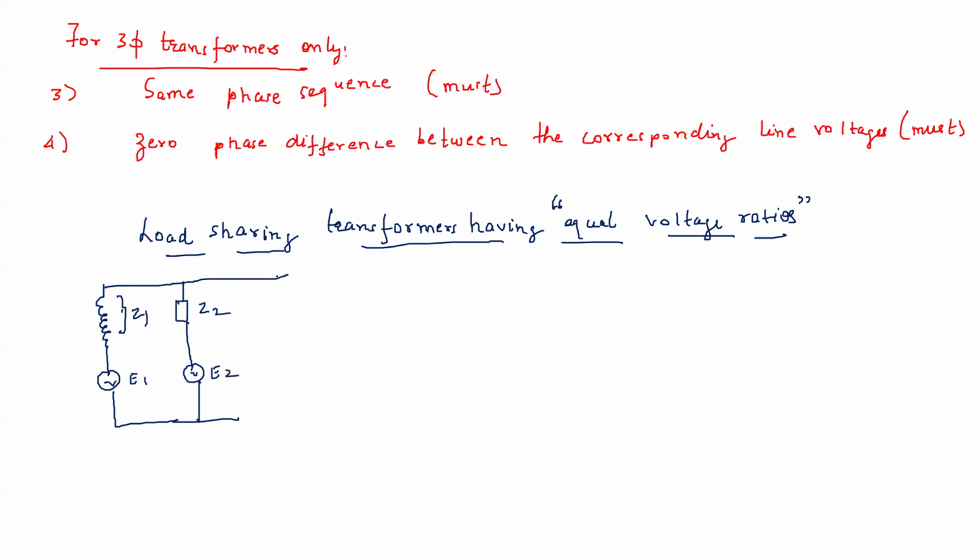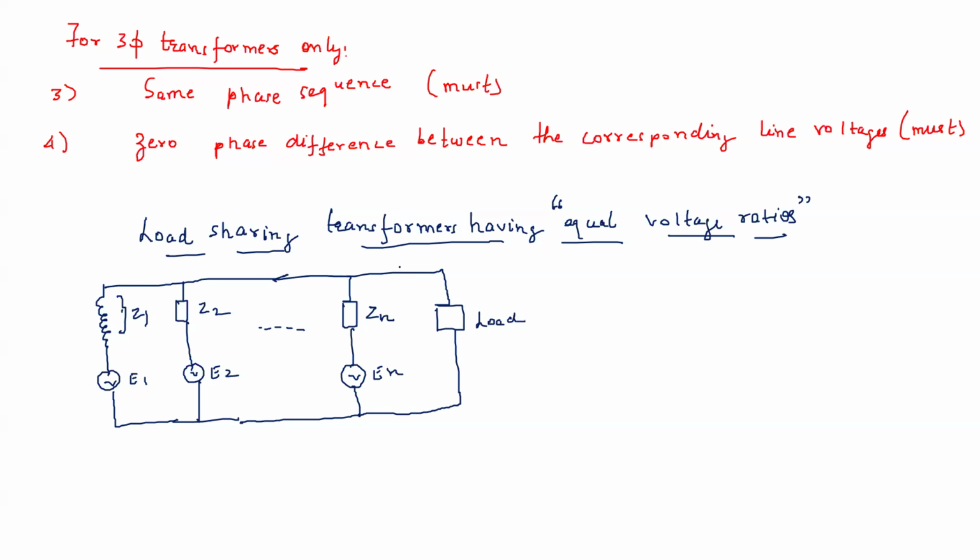And so on till Zn, En, and they are connected across a load. Let us say the load current is IL. What we have to find is the current I1, the current I2 here, and the current In.